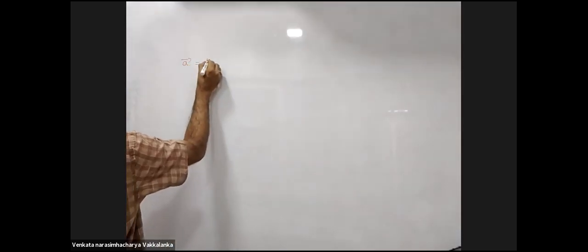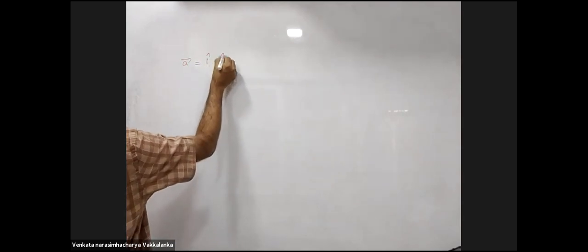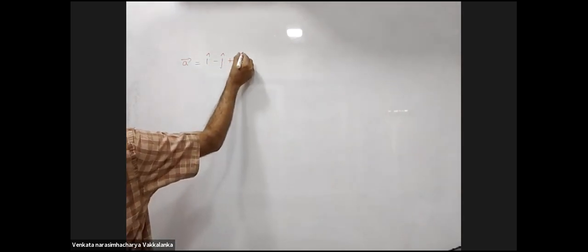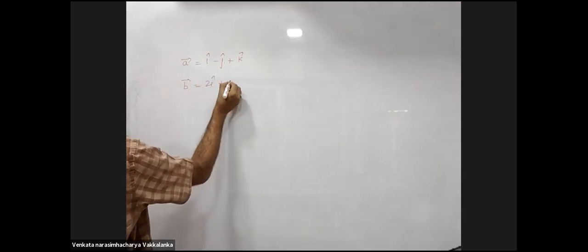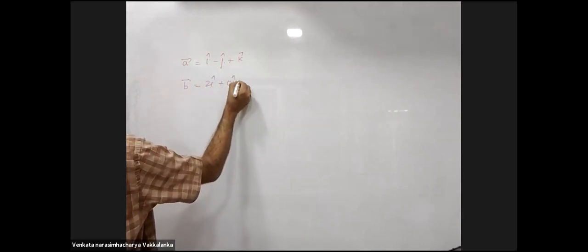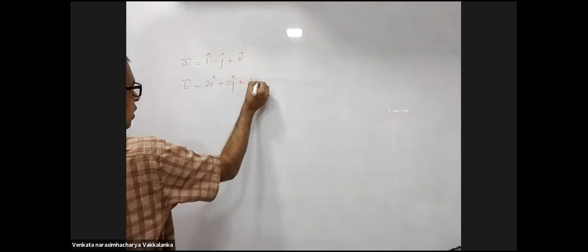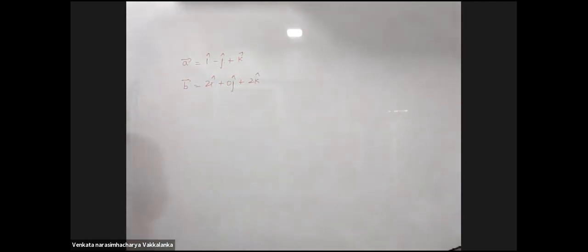There is a vector A: I cap minus j cap plus k cap. Vector B: 2 I cap plus 0 j cap plus 2 k cap. I want the projection of vector A along vector B. Now listen carefully to this.